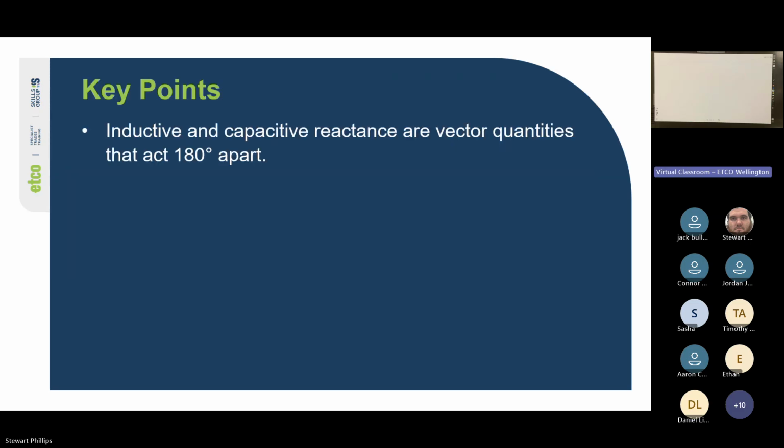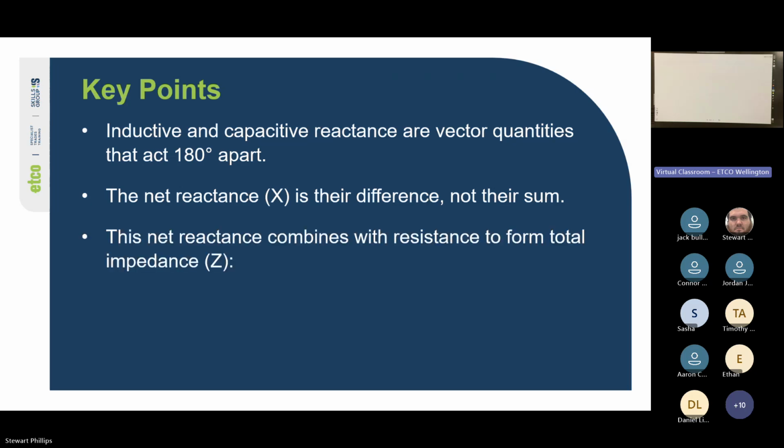So, some key points. Inductive and capacitive reactance are vector quantities that act 180 degrees apart, so they are complete opposites of each other. The net reactance, or X, is their difference, not their sum. We need to make sure we don't add them together.